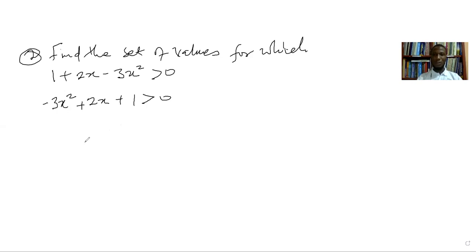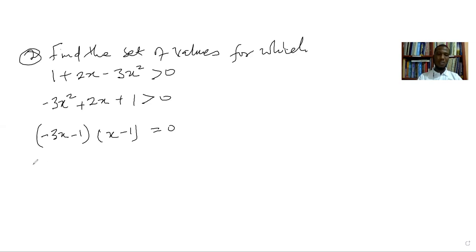The first step, we are going to find the zeros, but for the sake of time, this time we are not going to factorize doing all the steps, but we are just going to write the factors quickly. So here, the factors will be negative 3x minus 1, and then x minus 1, equal to 0.